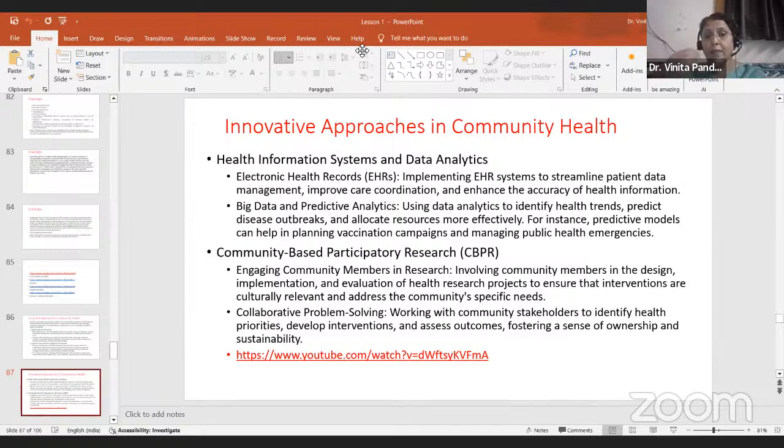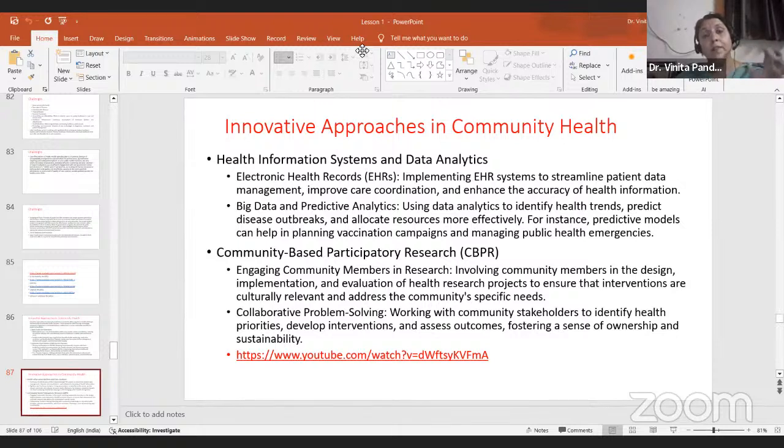If as a medical researcher and later as a policy maker, you want to implement a particular intervention there and it is not in accordance with the culture of that region, you will not be able to implement it. That is why involving the community becomes very, very important.